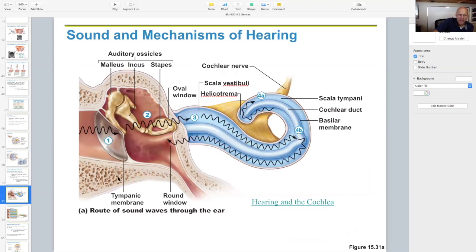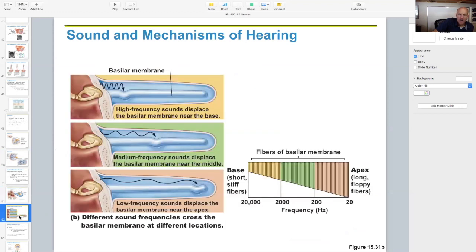Now, if it is what we call a high frequency, it's going to transfer closer to that middle ear, closer to what we call the oval and round windows, versus if it is a lower frequency, it'll move a little bit higher up through here.